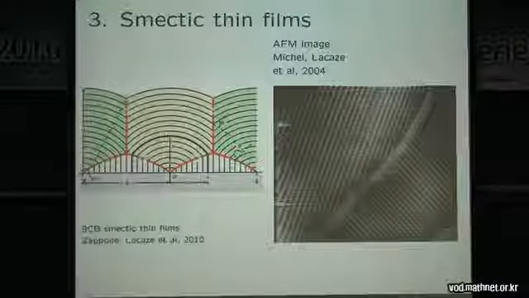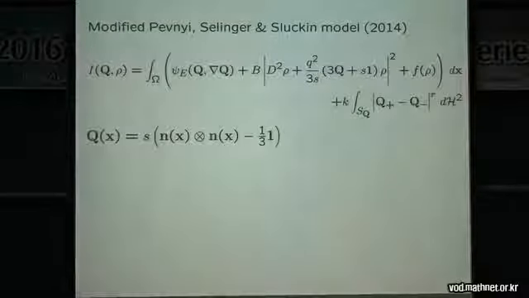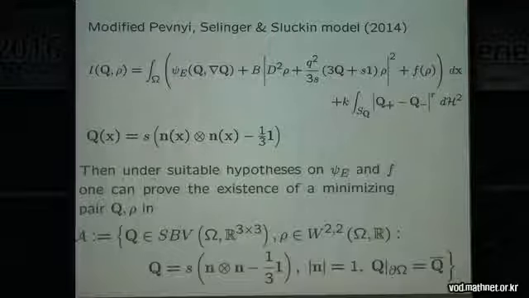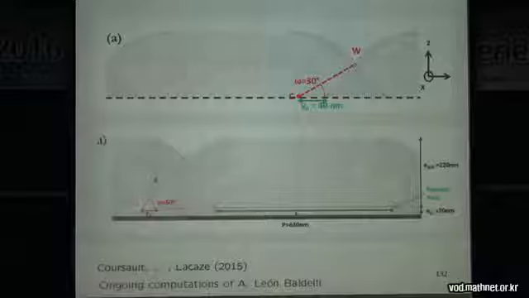Okay, we've not done very much on this, but we're hoping to do more, and maybe we'll use a different model from this one. But this is an SPV model, which is a modification of the one I showed due to Pevnyi, Selinger, and Sluckin, for which at least you can prove the existence of minimizers. Doesn't really matter. Okay, so this is the last slide.